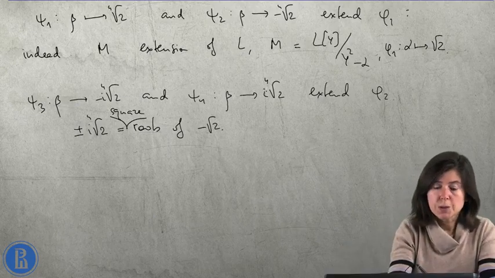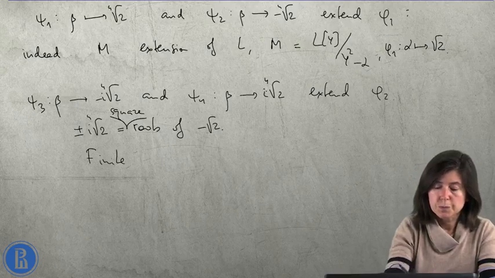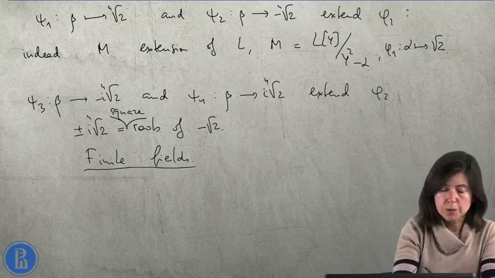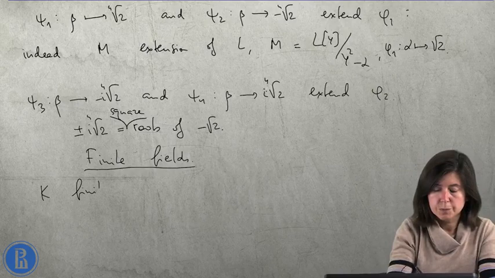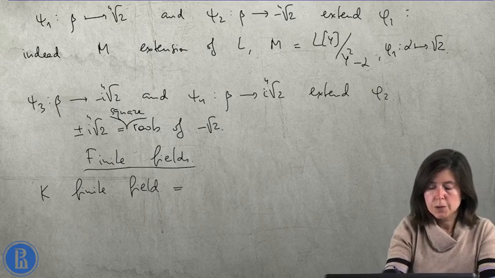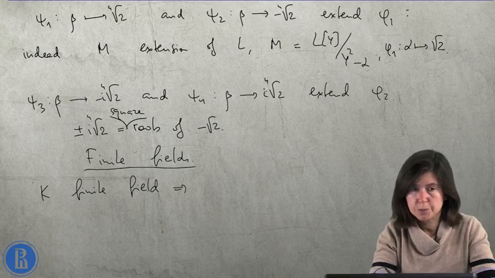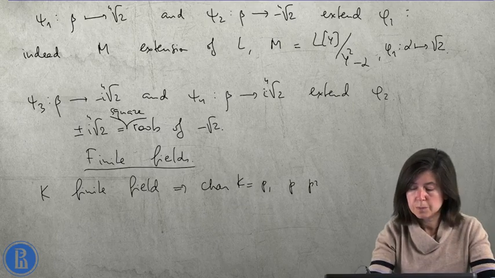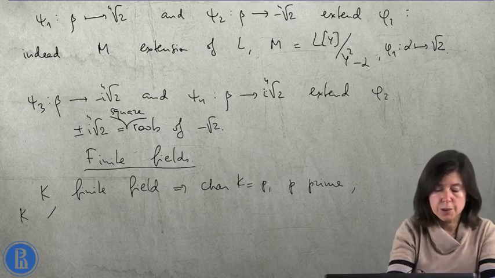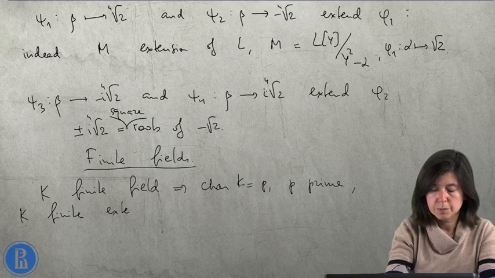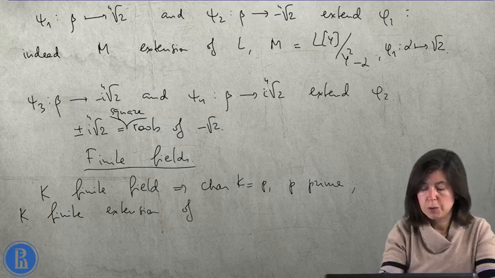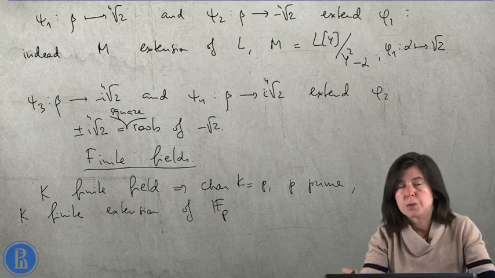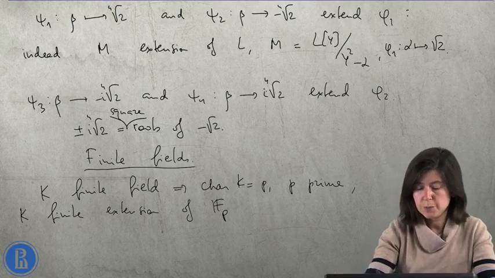Our next topic is finite fields. We have seen that a finite field is necessarily of characteristic p, where p is a prime number. So K is a finite extension of Fp, which is a finite dimensional vector space over Fp.